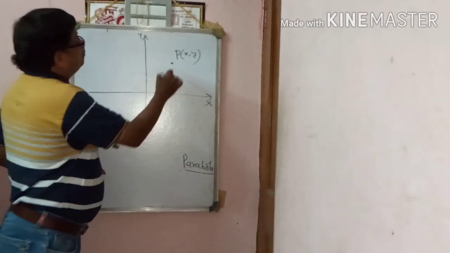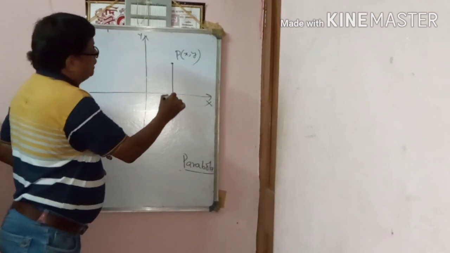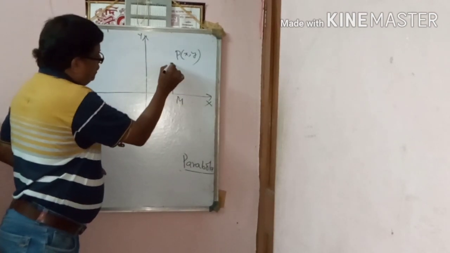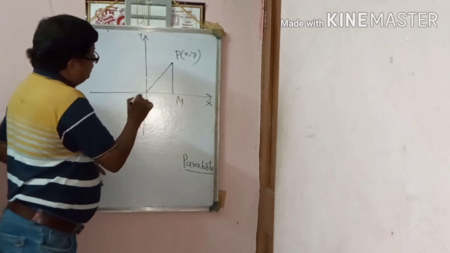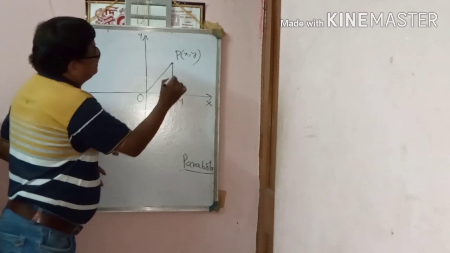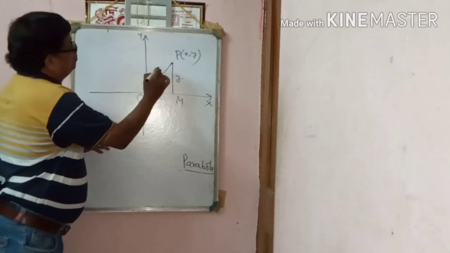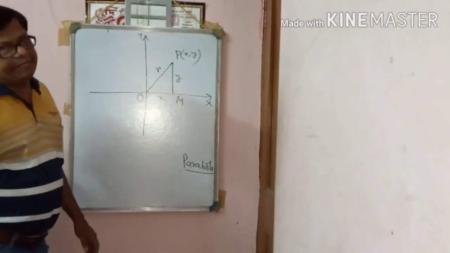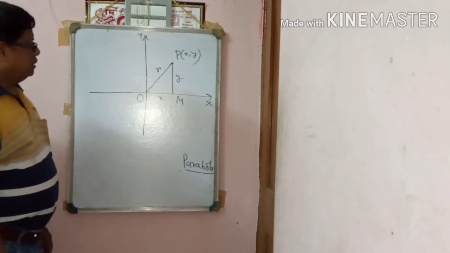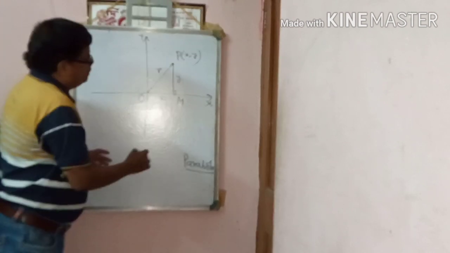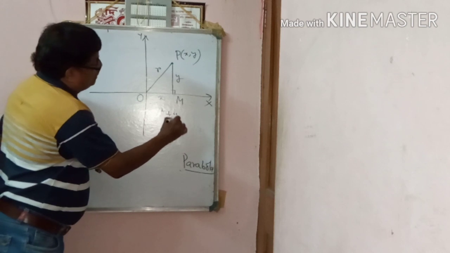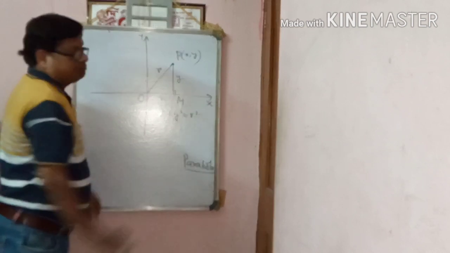Now, you draw a perpendicular here, PM. You join it. This is our origin O. This is x, this is y. Now, this is r, the radius. So this is perpendicular, and you can write x square plus y square equal to r square.